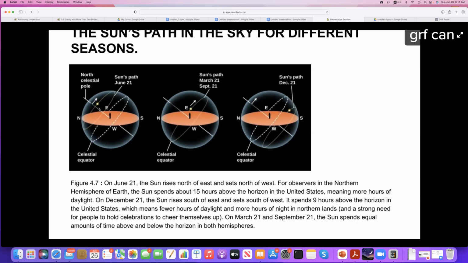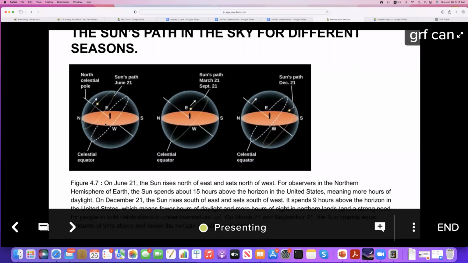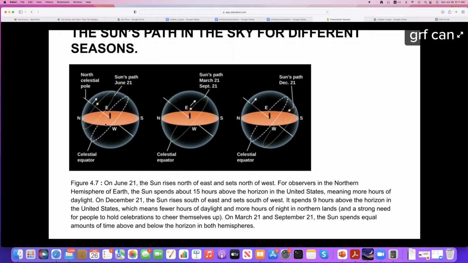And there are certain villages or towns that I know that are very close to the northern hemisphere that don't even have a night time. So for the whole 24 hours, they will get sunlight. For example, if you are at the North Pole during this time, you will get sunlight for the whole 24 hours, right? So the sun will not set for those places in the northern hemisphere.